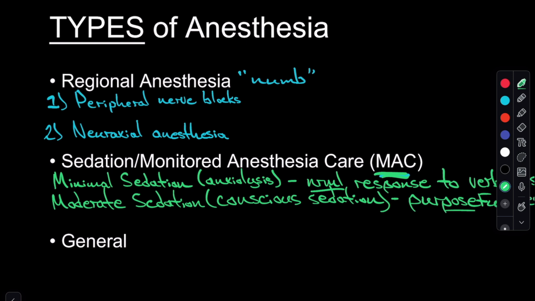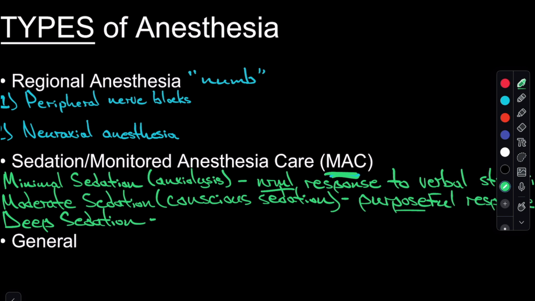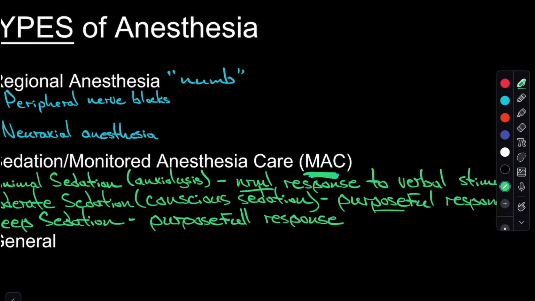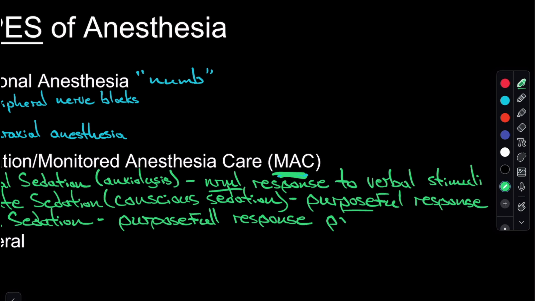And then the last level of sedation before reaching general anesthesia is known as deep sedation. An example of this might be a patient who's receiving a colonoscopy with propofol. And this is going to be defined by purposeful response to painful stimuli.